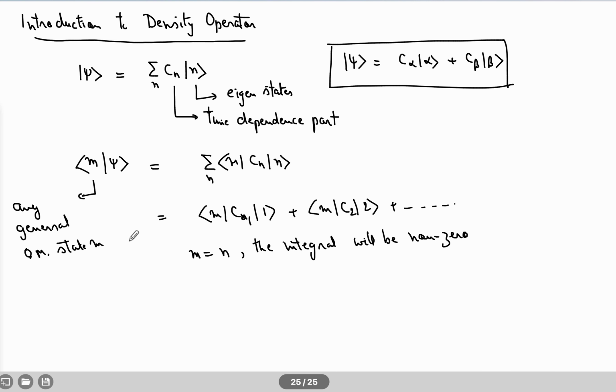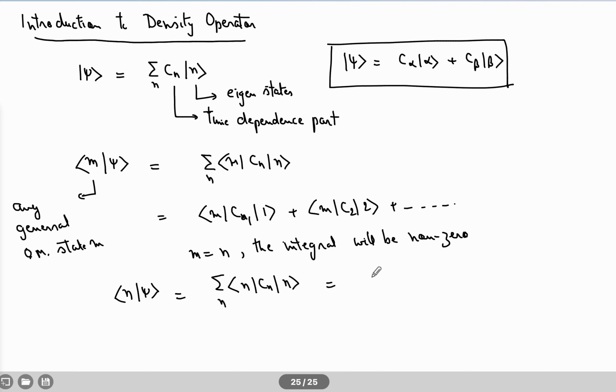Thus we can write the above equation, substituting m equal to n, as bra n psi is equal to summation over n of Cn times bra n ket n, and this quantity will go to 1 because it is the integral of n with respect to n, and these are normalized.